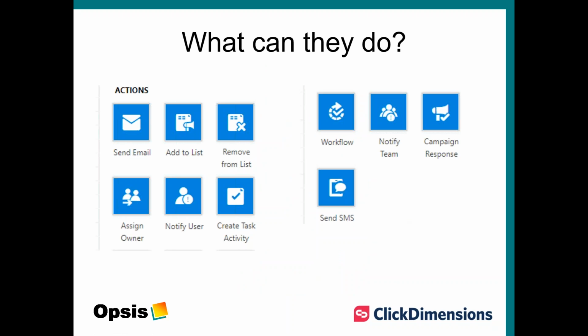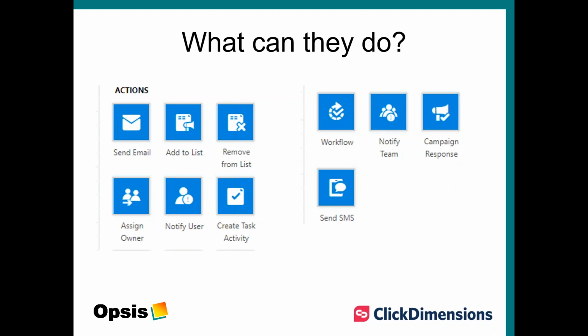Once you've kicked off the automation, these are the different actions that can happen on autopilot. We can send them an email, we can add them to a list, we can remove them from a list, we can tell a user that something has happened, we can create a task activity for a user so they get an appropriate follow-up. We can assign them an owner.